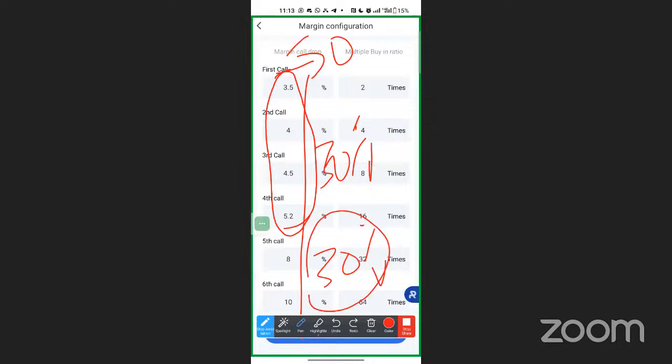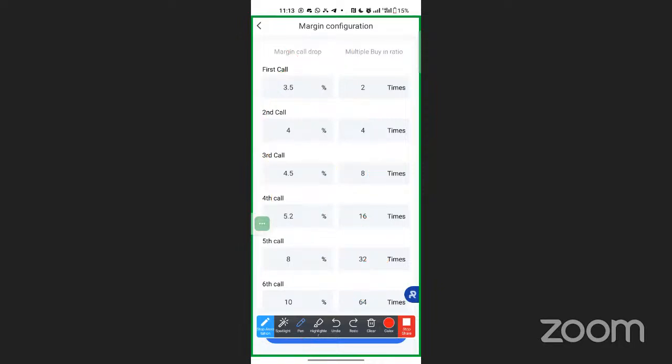But if you have capital, always use the double up for the first 4 margin calls. Why? Because if at all the market happens to go high, the robot will always sell faster. So make sure you use the double up 2, 4, 8, 16.